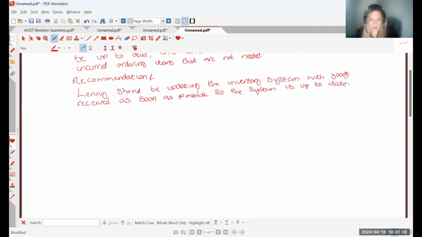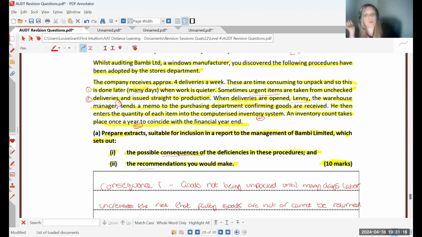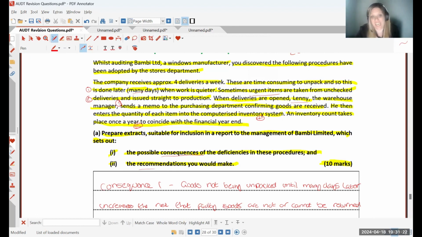Okay, last one then. Consequence number 5. So much easier if you can type it. It really doesn't take that long in comparison to actually writing it with this annoying pen. So consequence number 5, this was the lack of regular inventory counts, only counting inventory once a year. What's the issue here?